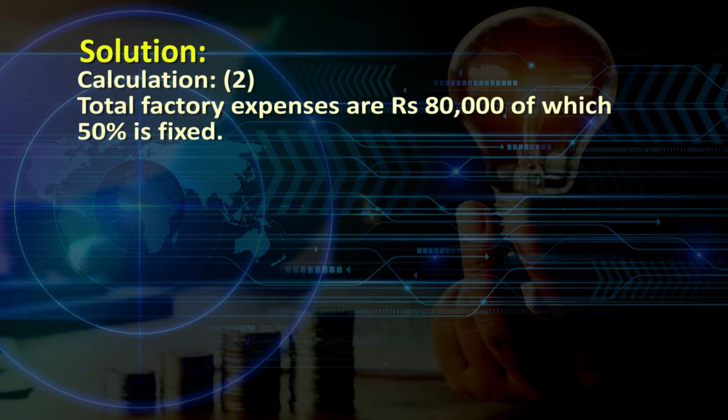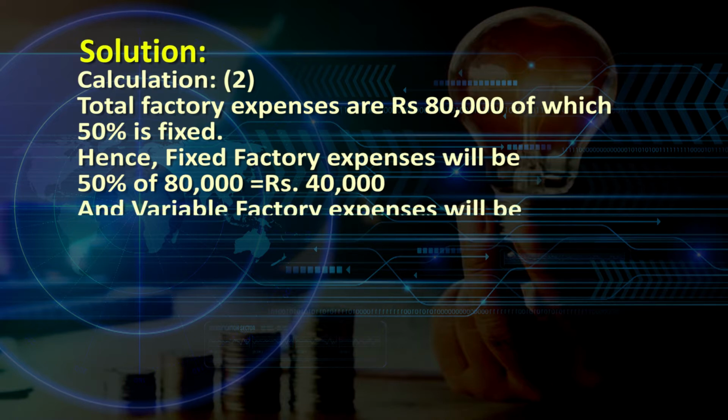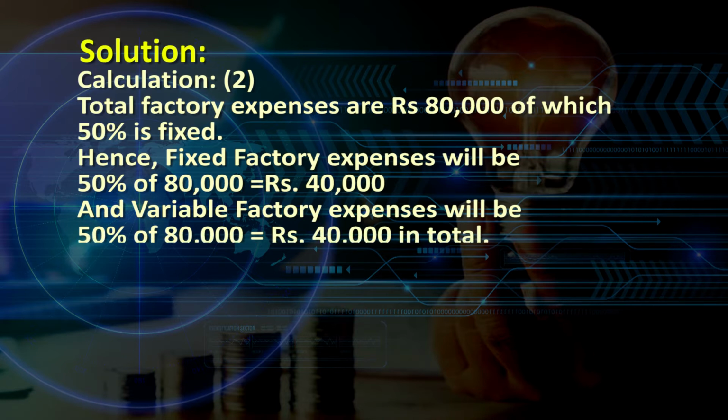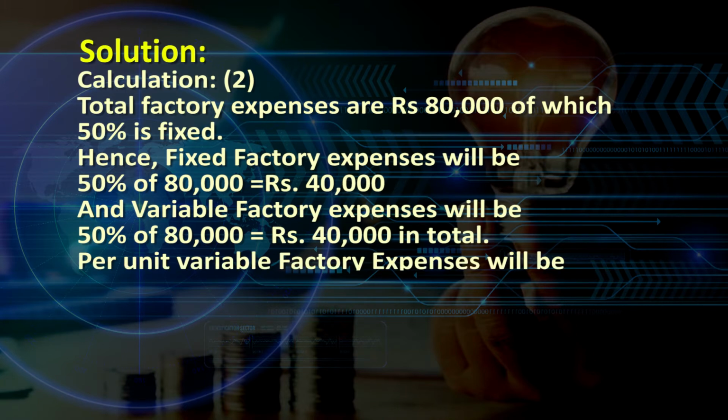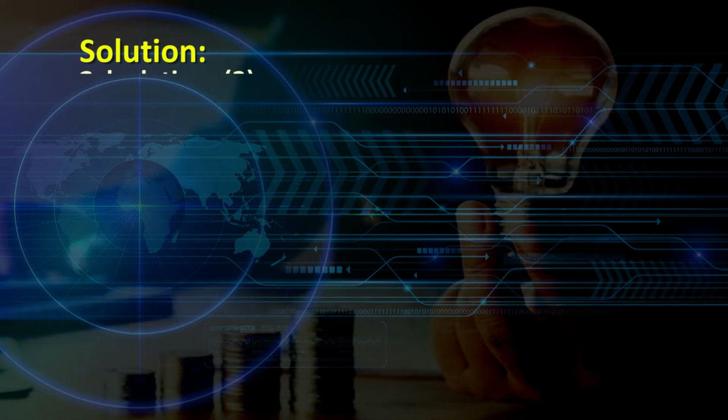Hence, fixed factory expenses will be 50% of 80,000, which is rupees 40,000, and variable factory expenses will be 50% of 80,000, which is rupees 40,000 in total. Per unit variable factory expenses will be rupees 40,000 divided by 20,000 units, which is equal to rupees 2 per unit.